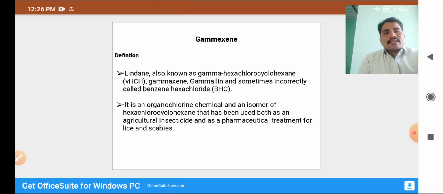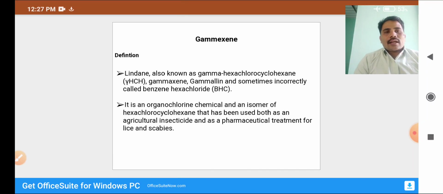If we consider the benzene ring, there are alternating double bonds. But in this so-called benzene hexachloride, there are no alternating double bonds.